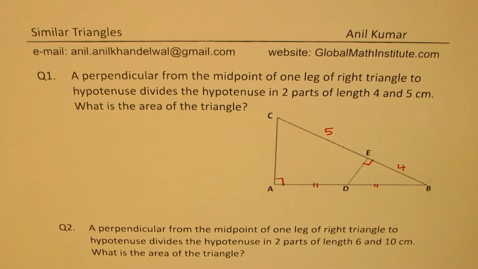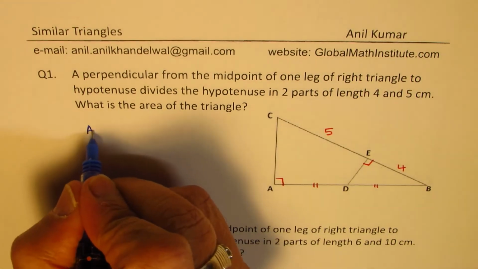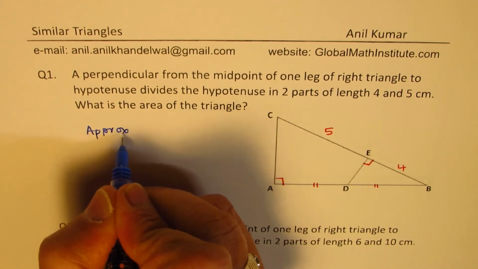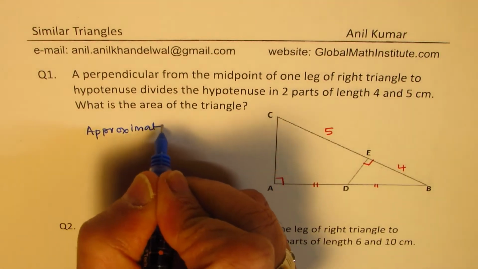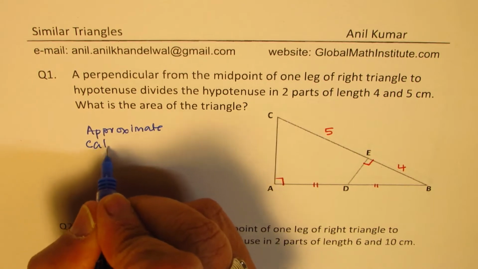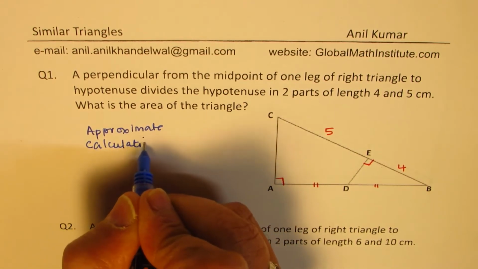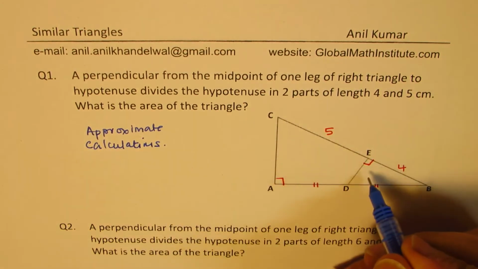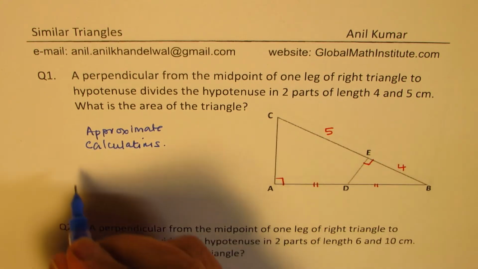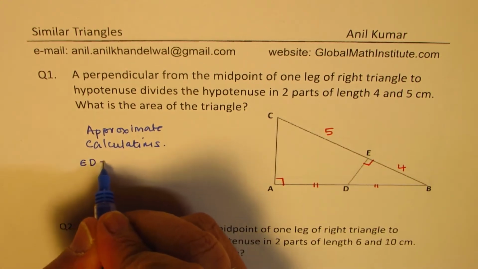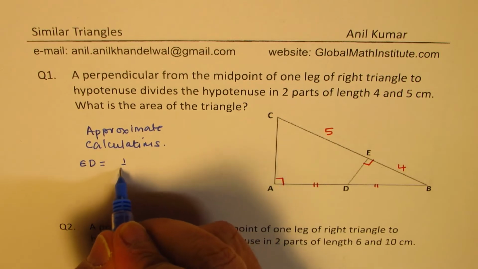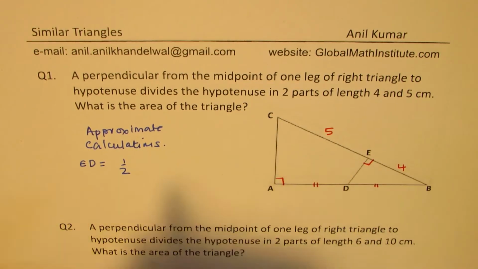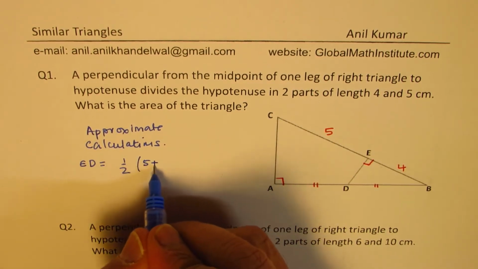Now, for approximate calculation, there is a shortcut. You can assume ED, which is perpendicular, to be half of the hypotenuse, which is 5 plus 4.